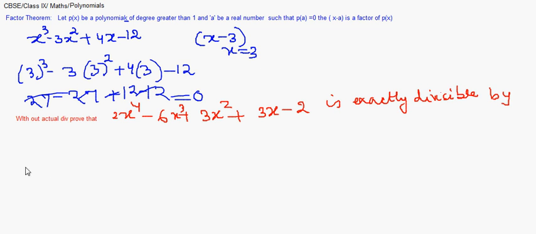Had we not learnt about this factor theorem, we would have started directly dividing the two polynomials, but here we would not do that.